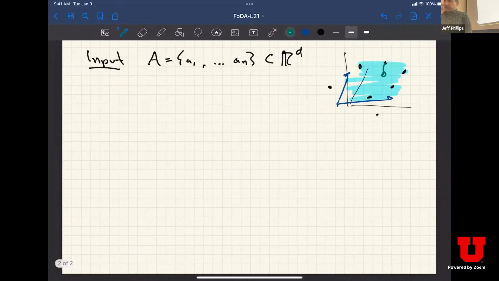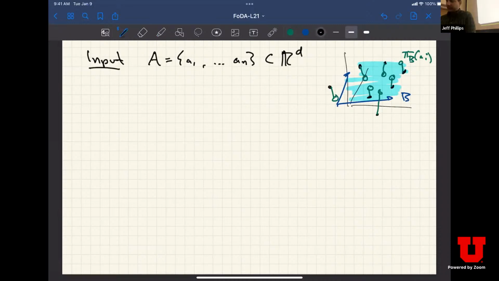So if I call this subspace B, I want to find these projections of this data onto here. Each of these would be a projection onto B of a data point.